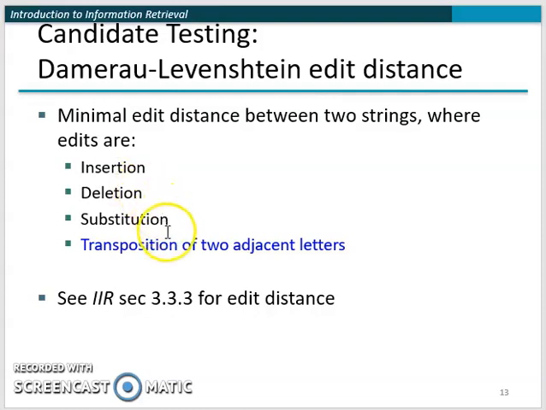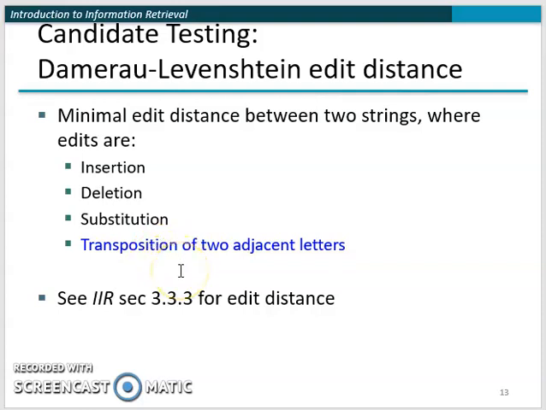But in spelling correction, we'll add a new edit type, which is transposition of 2 adjacent letters. While typing, a user can make the mistake of typing 2 adjacent letters in opposite positions. So this is the 4th type of edit, and this is called Damerau-Levenshtein edit distance.